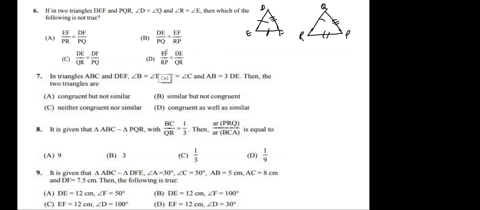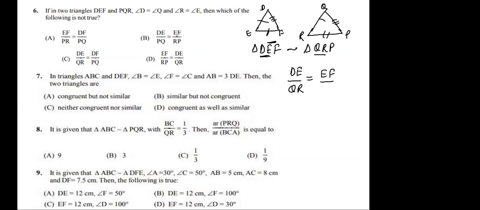So let's check. We know that if this D angle is equal to Q and E angle is equal to R, then triangle DEF is similar to triangle QRP. So we can write DE upon QR equals EF upon RP.